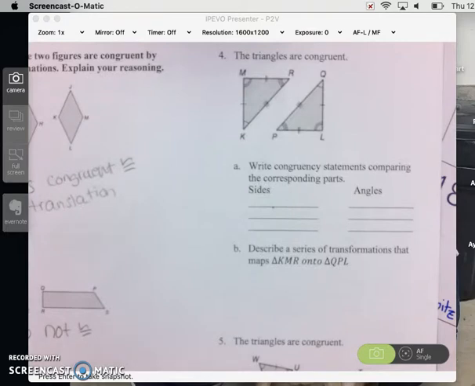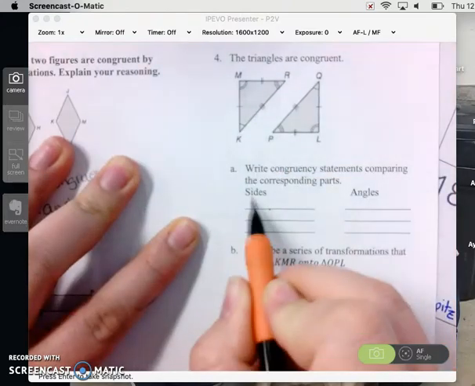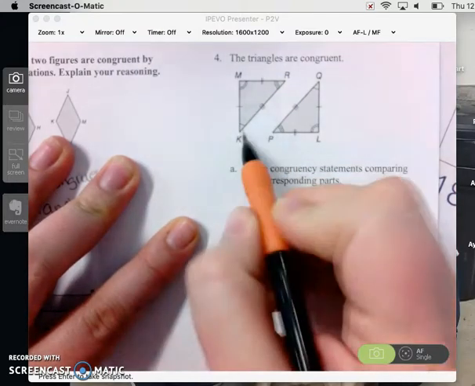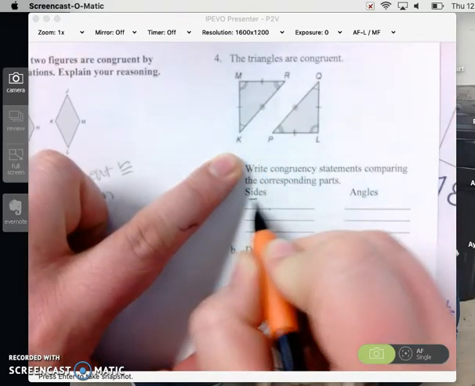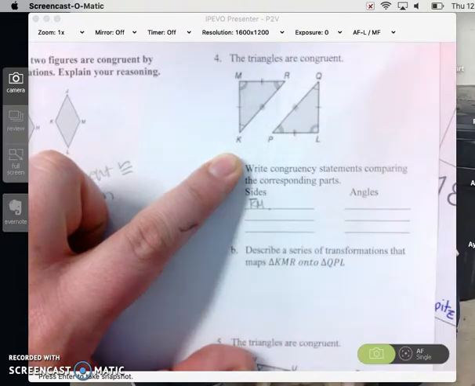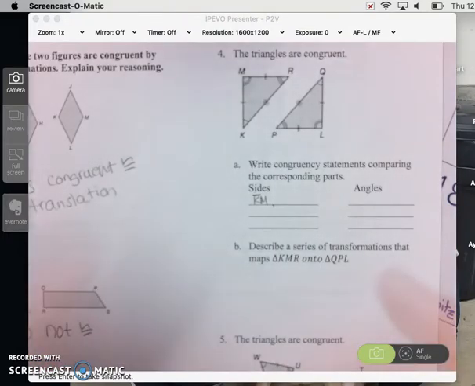Okay, number 4, there's going to be one just like this on the test. You have to go and look at the sides, like side length KM, and I think I'm going to use a pen to do this.